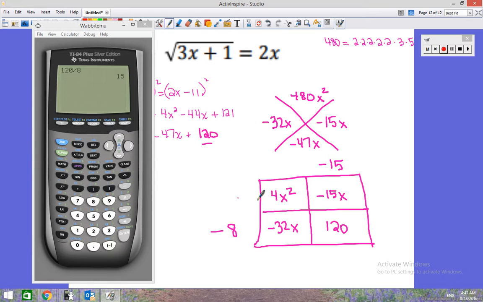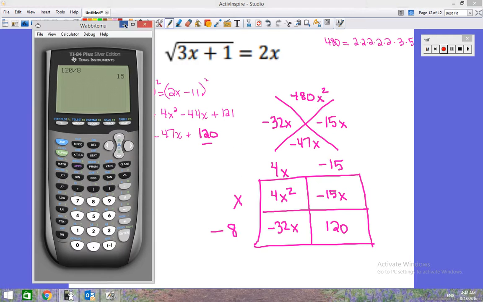If I look horizontally here, the 4 and negative 15 are relatively prime with each other. There's no other number other than 1 that divides both of those, but we do have a common x. And vertically here, both of these values are divisible by 4, and they both have an x, and we can check: x times 4x is 4x squared, x times the negative 15, negative 15x, negative 8 times 4x, negative 32x, negative times negative positive.